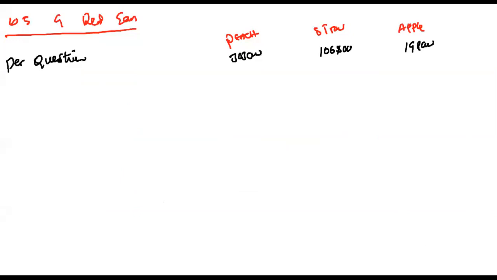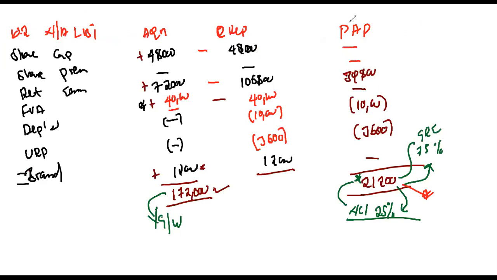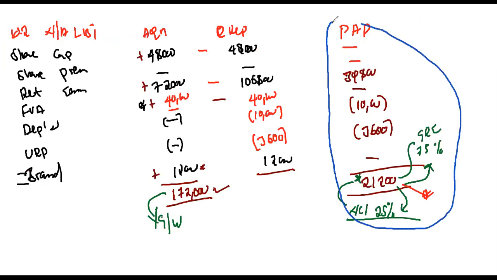The reason why we work out the PAP for the subsidiary, not the profit. So what do we do for the subsidiary? We've worked out already. We simply copy and paste this figure. We've already worked out for the subsidiary, so we're just coming to copy and paste this.